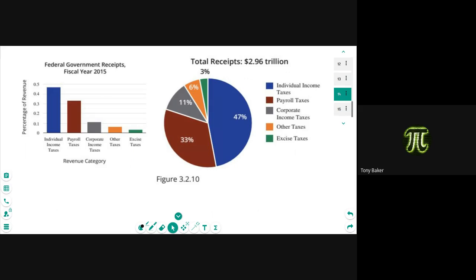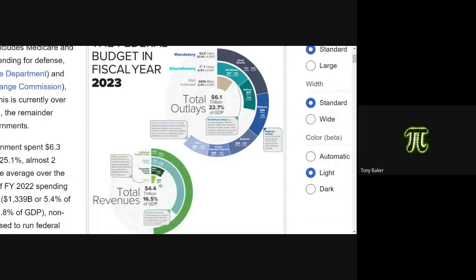This is actually what the government sends out now. Oh, so this was 2023. These are actually not pie charts. These are bar graphs. They're just curved. They're a stacked bar graph, because there's your mandatory, discretionary. So they're stacking that information, and the same thing with revenues.